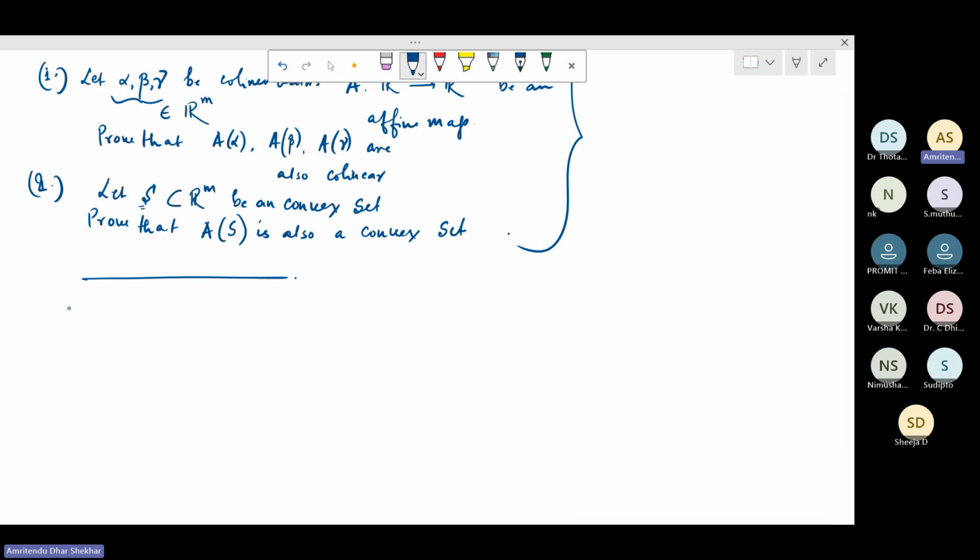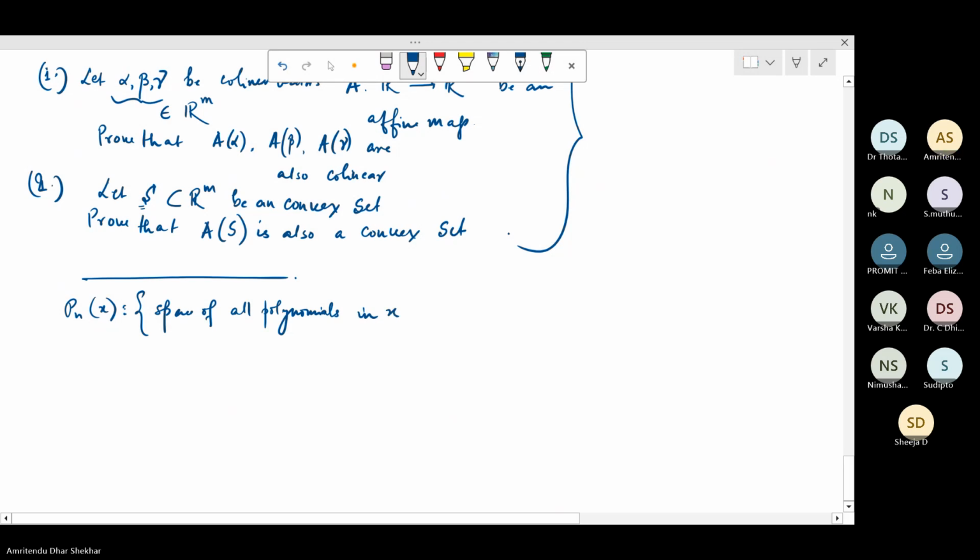Pn of x is the space of all polynomials in x of degree less than or equal to n.